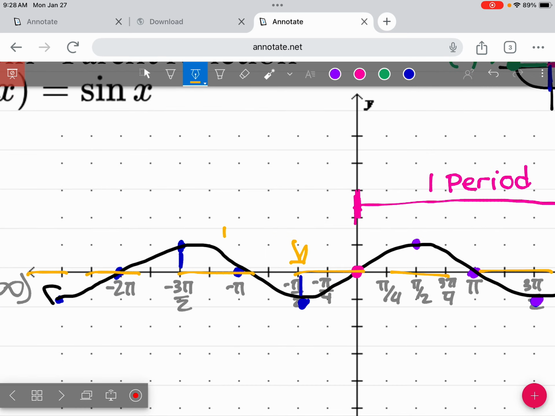It's the midline. Honestly, we don't necessarily need to graph the midline, but when we do something like a vertical shift, it helps to know where it's going to go. If I needed to shift that up 1 or up 3, it's going to move the whole graph. It shifts the midline up 3, so we just have to be careful with that.